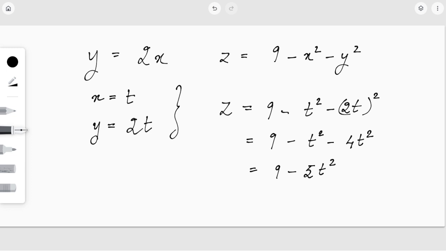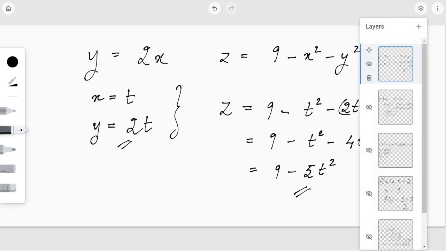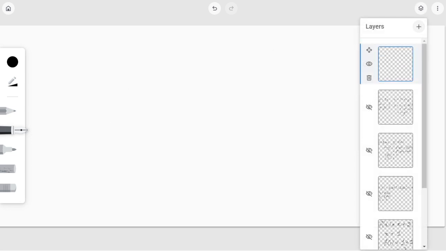So we have obtained x equal to t, y equal to 2t and z is equal to 9 minus 5t square. Using these three parametric equations, we can form the vector function.